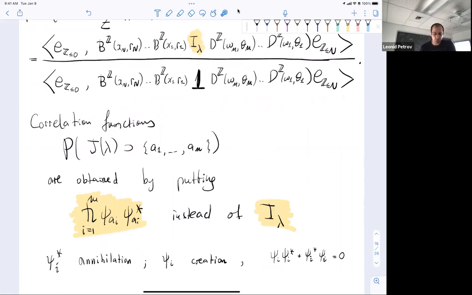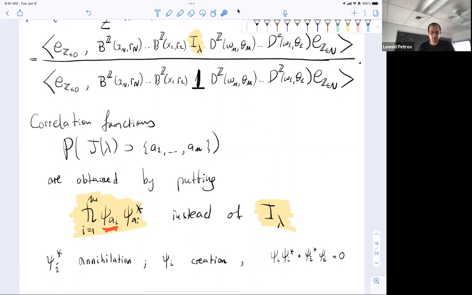This is equal to the same ratio of matrix elements, where you put the product of the creation and annihilation operators. So first you annihilate at AI, which means that it's either 0 if there was nothing at AI, or the annihilation gives the modified vector if there was something at AI, and then you add it back.